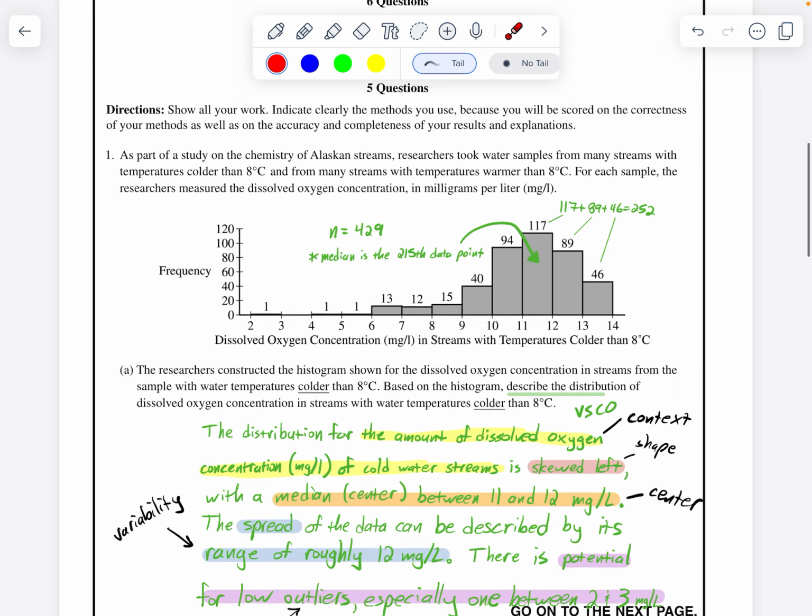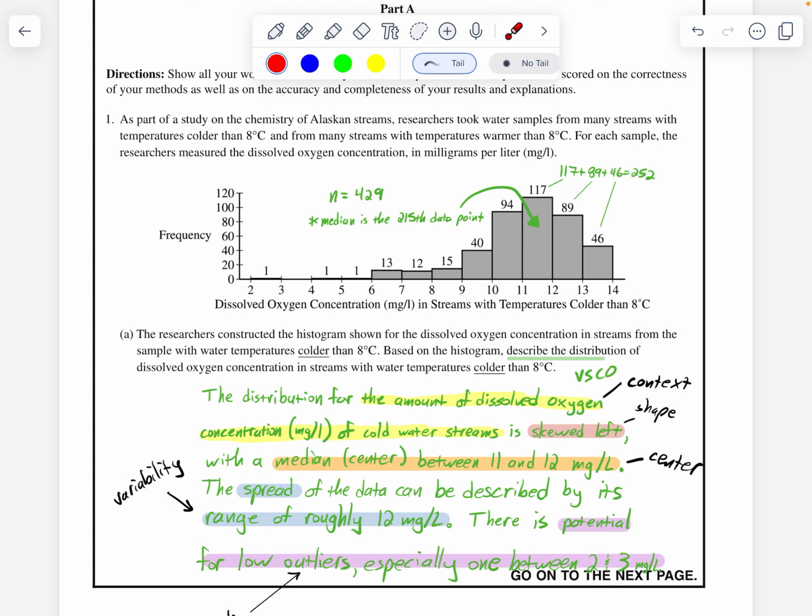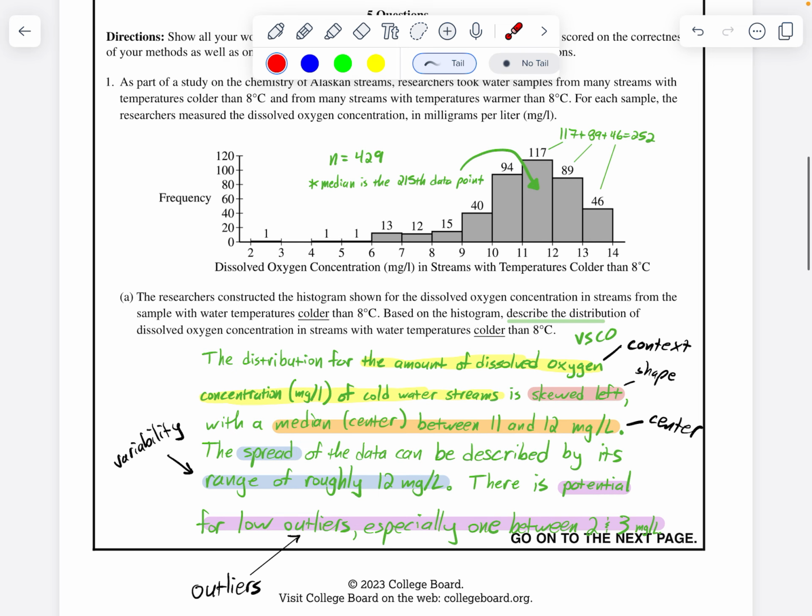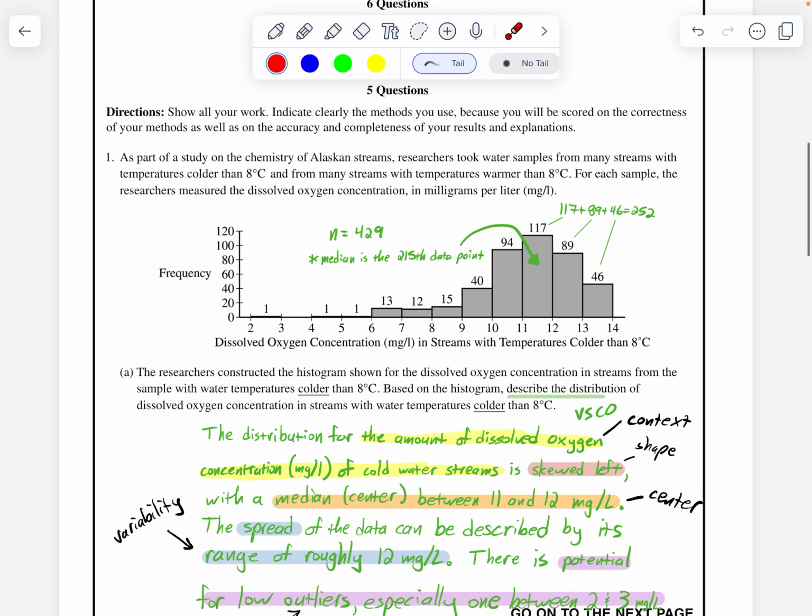So this one here is a very common first FRQ question where they go way back to chapter 1. So let's dive in here. This is giving you the amount of oxygen concentration in streams and rivers, and these are the streams with temperatures that are cold, and how much oxygen is in those streams.